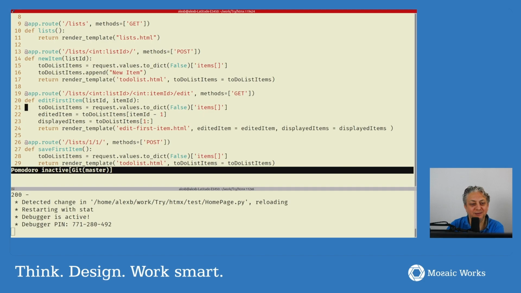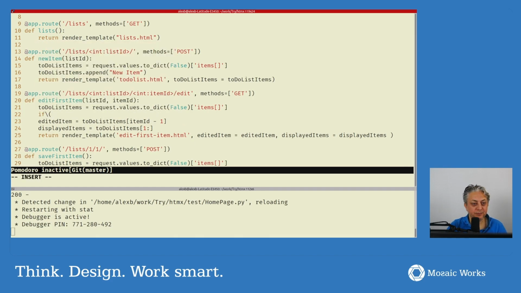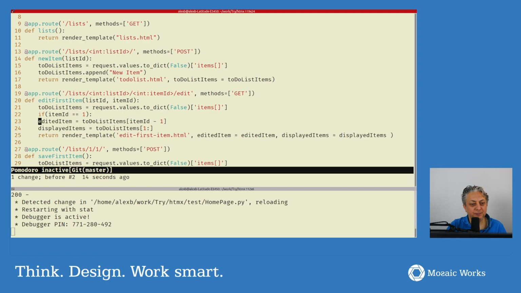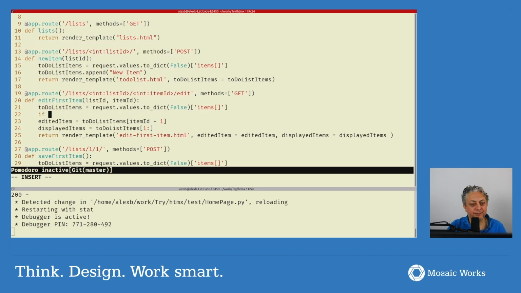I know this will sound weird to some people who are not used to test-driven development, but basically what we can do is to say if item ID equals 1, and I actually don't know how to write this in Python. Or maybe even better, what we can do is say if item ID equals 2, because we'll have 2.